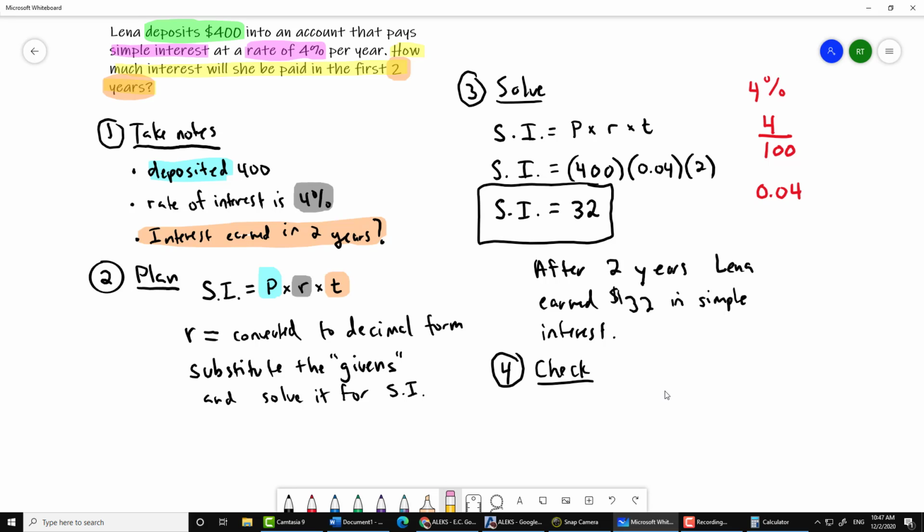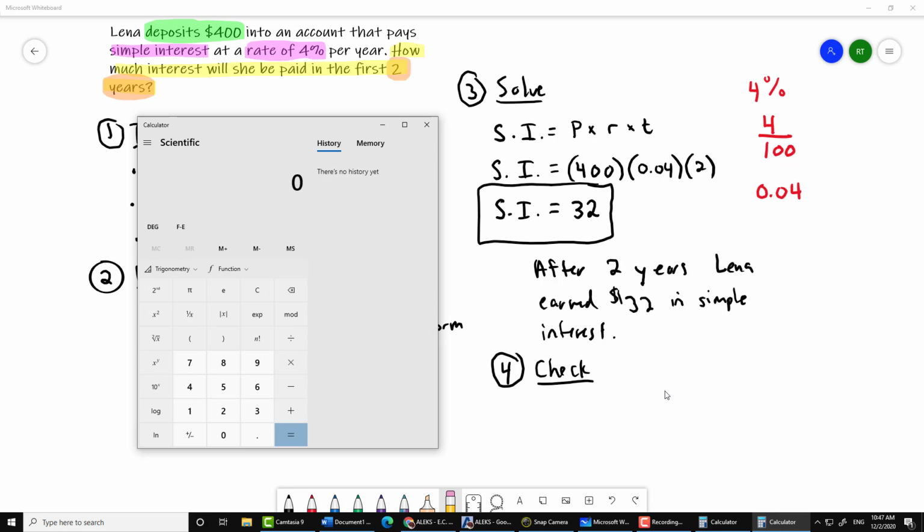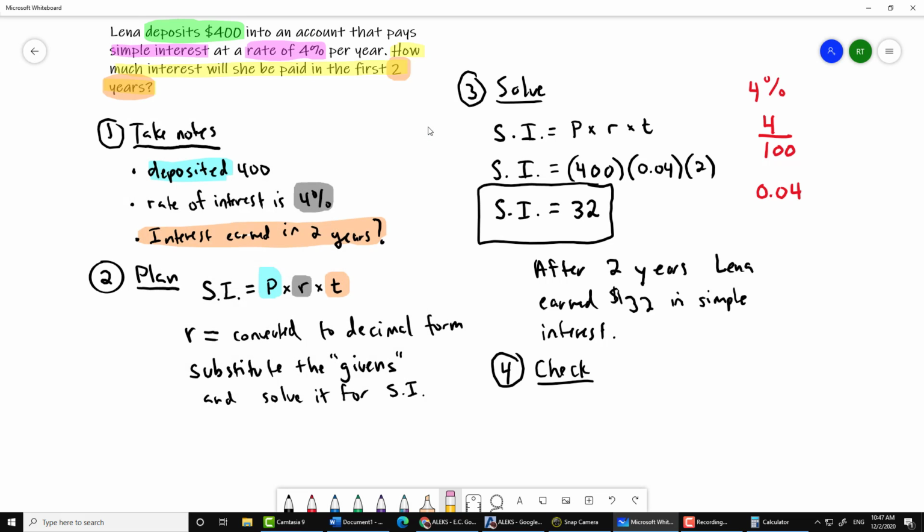So you could just recheck your work. I could go back and say, since percent means 4 divided by 100, I hit enter, I can see it does equal 0.04, and it does check out. So I know that was the main area where I could probably have an error, and I just have to multiply 400 times 0.04 times 2.